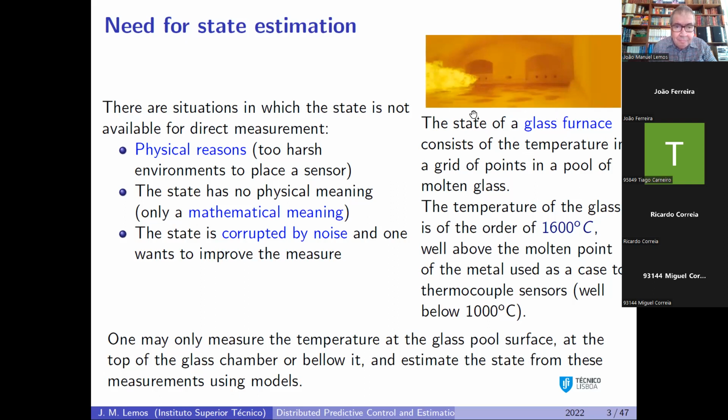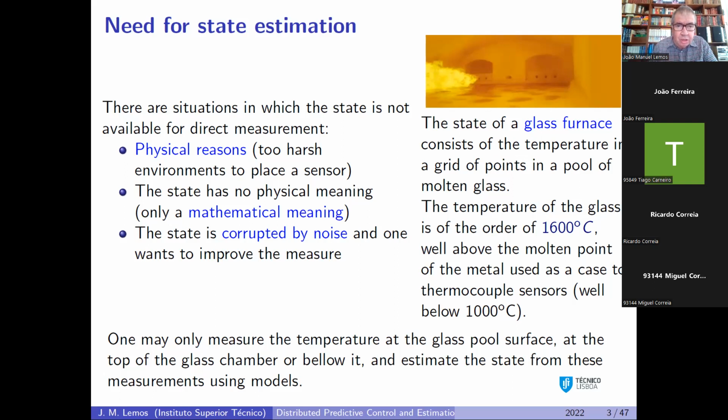And the glass pool is, you can consider a grid of points inside the glass pool. And the problem is that the glass pool is at temperature of the order of 1100 degrees Celsius. So it's not possible to go there and measure inside the glass pool the temperature.